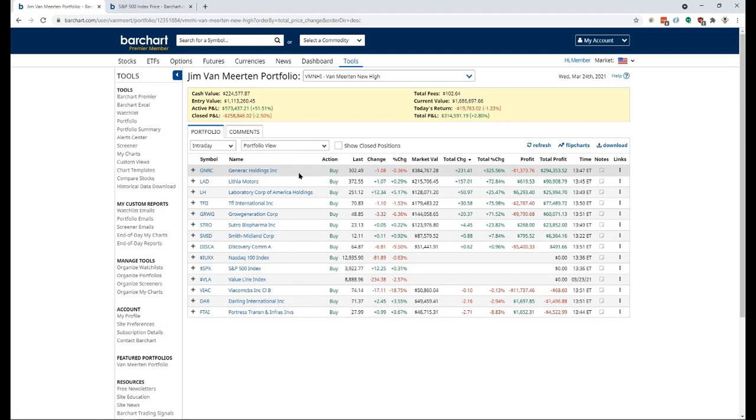Generac makes home generators. Okay, so when all these people were worried, they were on ventilators and all that kind of stuff, when Texas hit with their snowstorms and all that kind of stuff, that stock took off like crazy. Okay, and so let's look at the custom view.